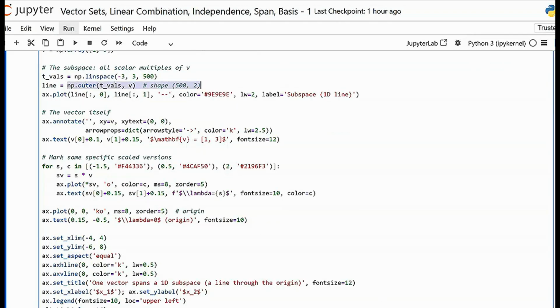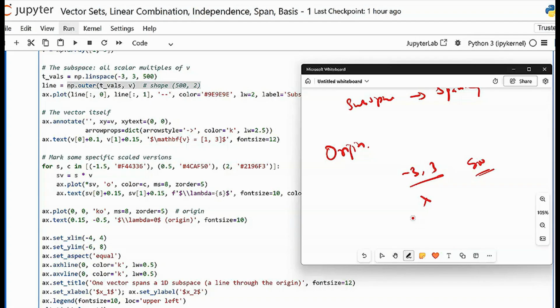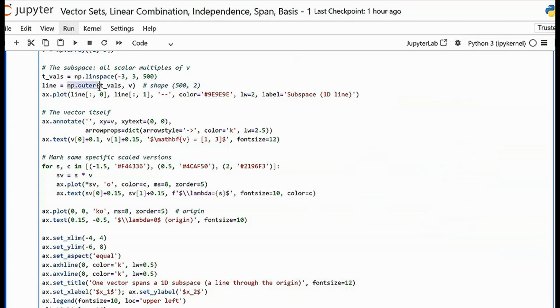Combining this, we would get lambda v for as many lambdas as 500. Now np.outer multiplies each scalar with the vector. So it results in 500 points in 2D, which is what we are going to see here.